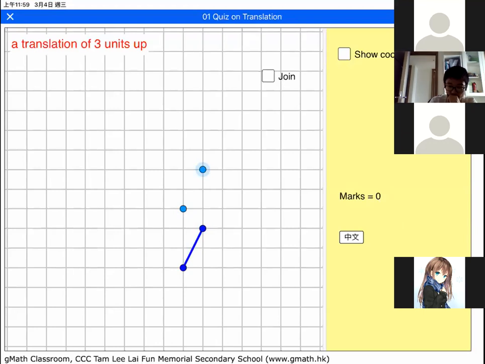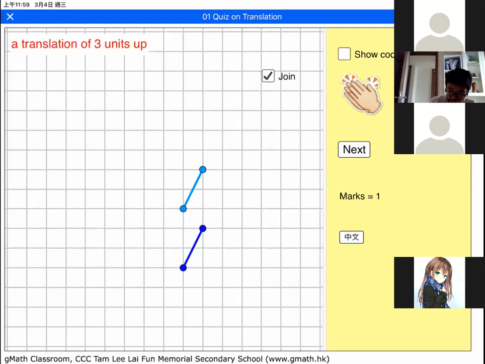And then I can press the button join. Can you see the tick here? After you tick the join, you can press check. If it is correct, then you will see a very big applause here, clapping hands. You'll be very happy because you got the correct answer. So this is called a translation.